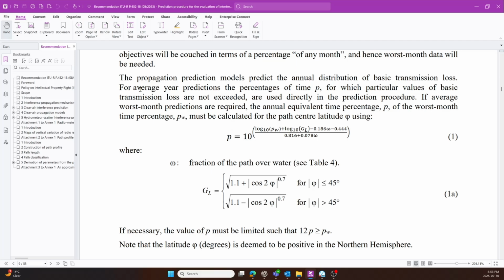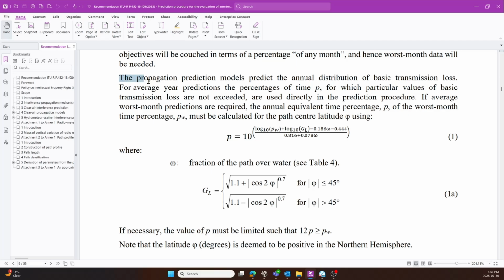In the explanation of this parameter P, they say the propagation prediction models predict the annual distribution of basic transmission loss. For average year predictions, the percentage of time P for which particular values of basic transmission loss are not exceeded are used directly in the prediction procedure.